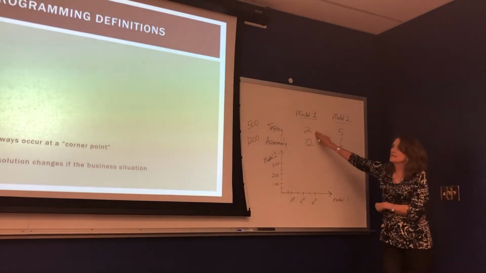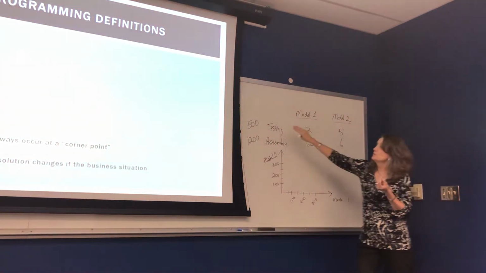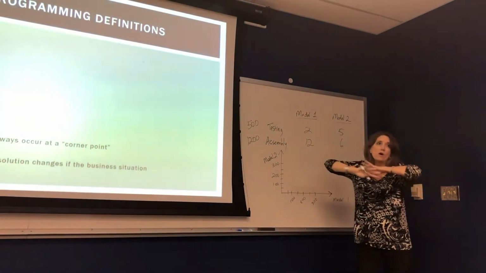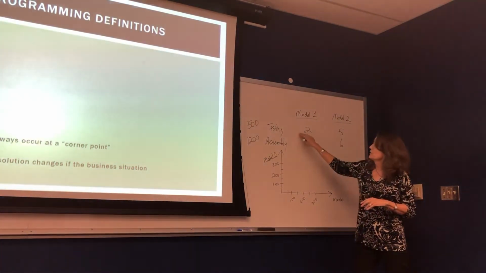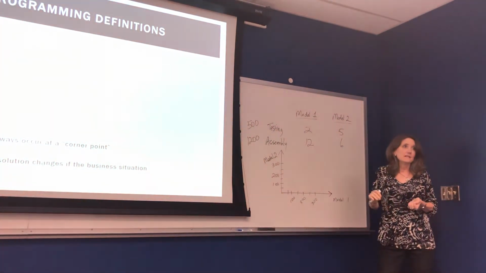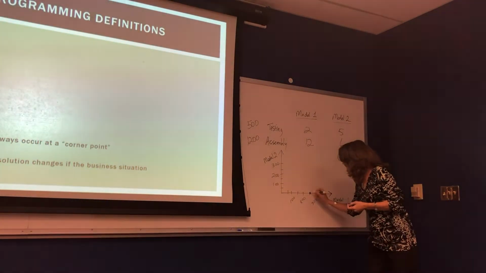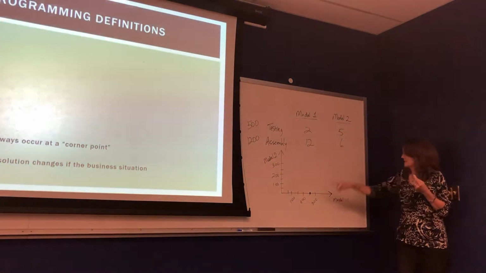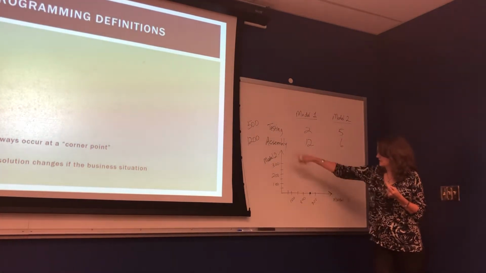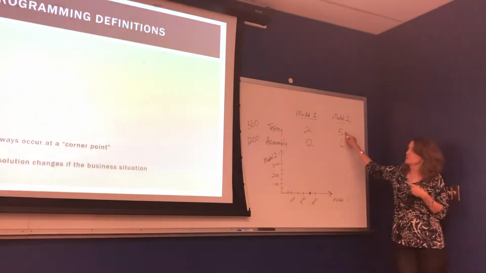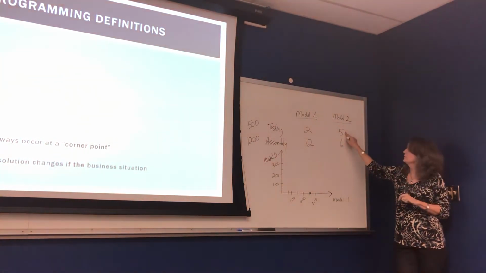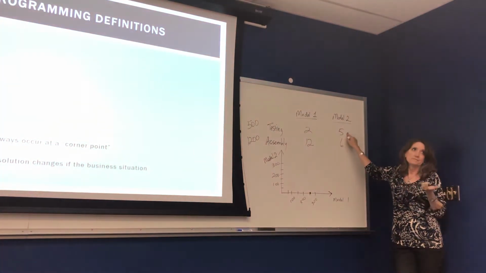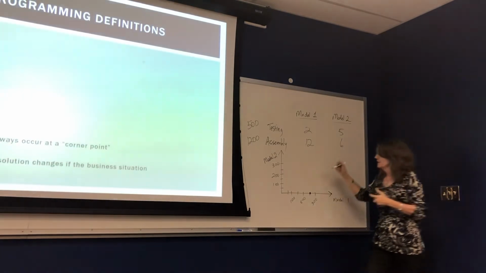If you know that a Model 1 takes 2 hours to test, and you only have 500 hours available for testing, if you made all Model 1s, how many could you make? 250. You can make 250. This is my Model 1 axis, and this is my Model 2 axis. Model 2s take 5 hours, and you have 500 hours total, so if you only made Model 2s, you can make 100.